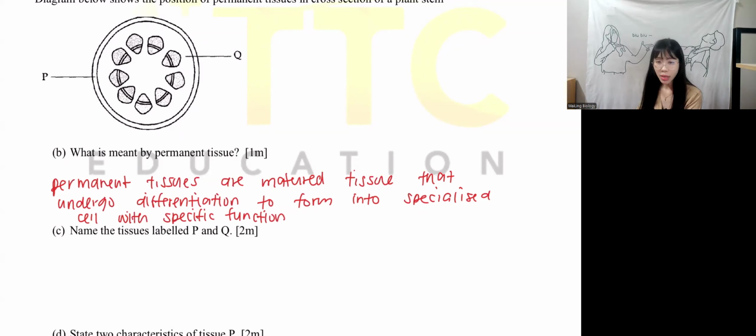Is it wrong if I stop at differentiation? Not complete. It has to be longer.